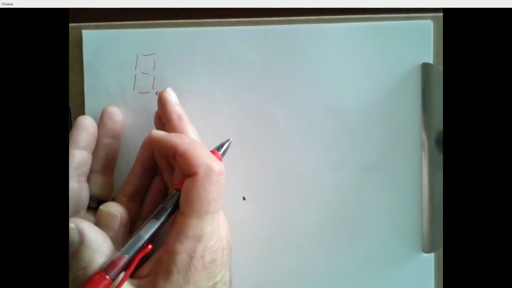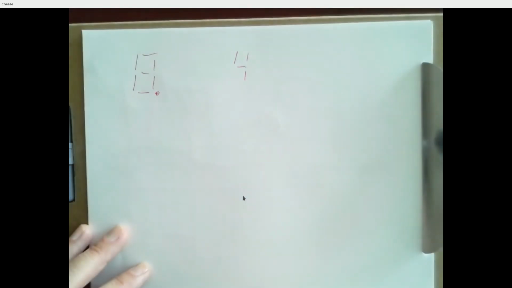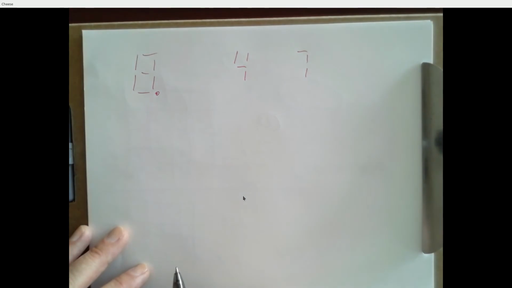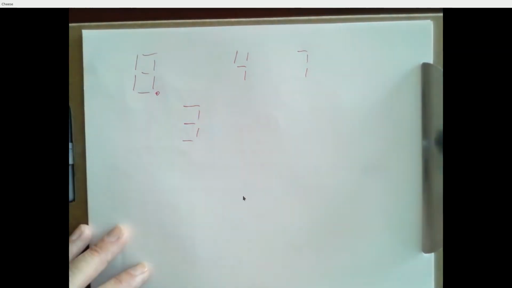By lighting certain combinations of these LEDs, you can make this thing look like a number. For example, if I light up this LED and this one and this, it looks like the number 4. And if I light up this LED and this one, it looks like the number 7. And there's the number 3, and so on.